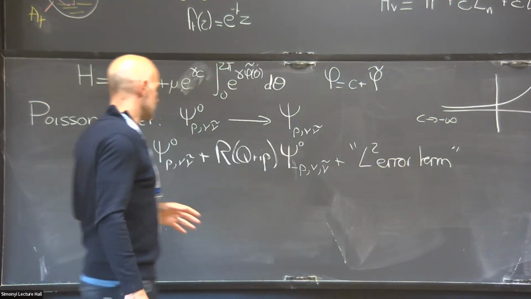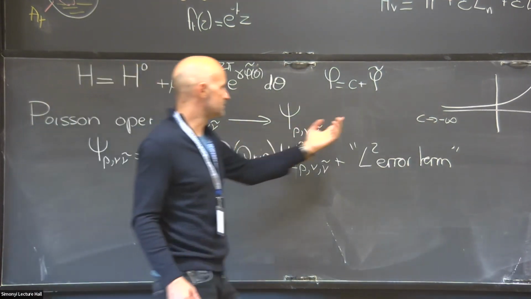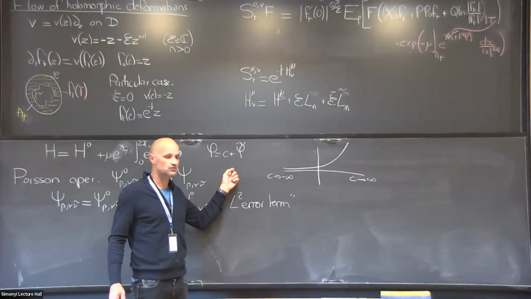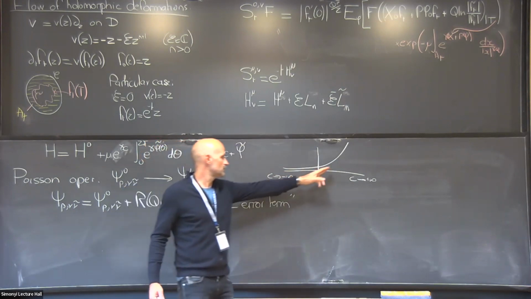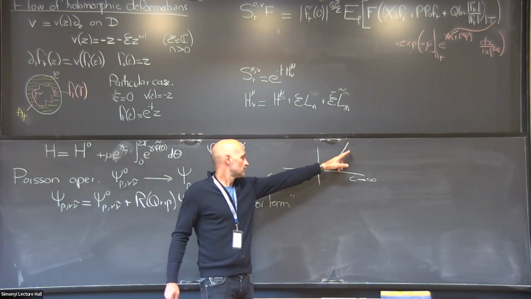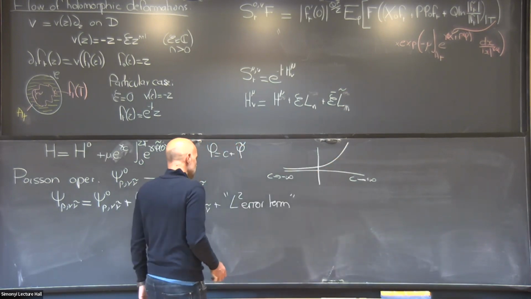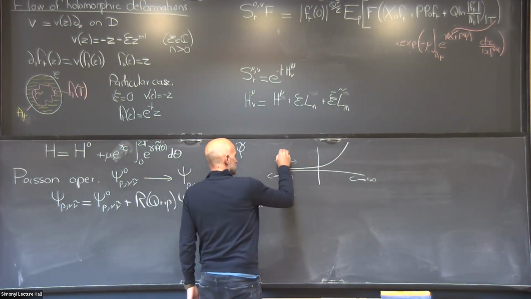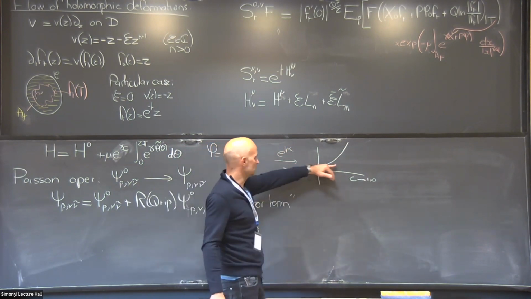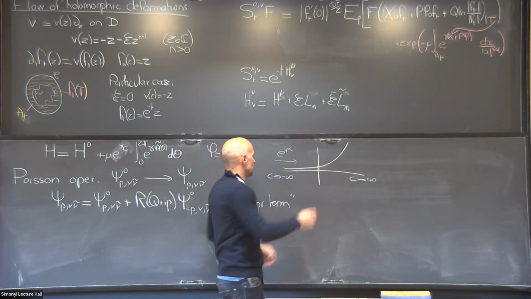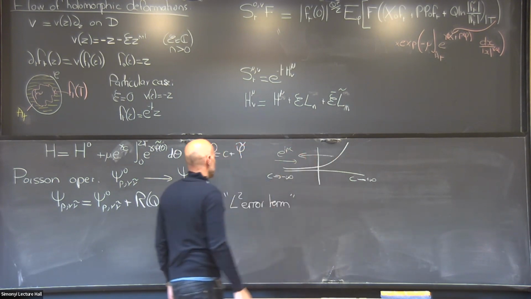This way you expect that the eigenstates, when c is close to minus infinity, will look like the free eigenstates. But then you have a wall here, a very confining potential. This means that plane waves, e^{ipc}, when you move forward, will be reflected by the wall, and they will come back the other way.